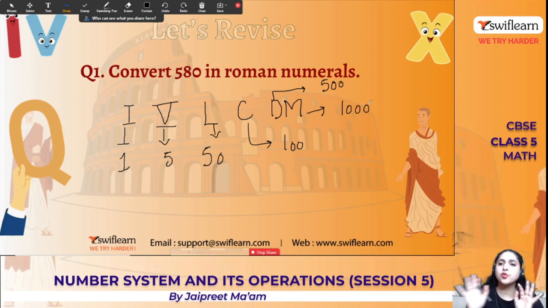You have to keep only these 7 symbols in your mind, and the rest of the Roman numbers revolve around these.